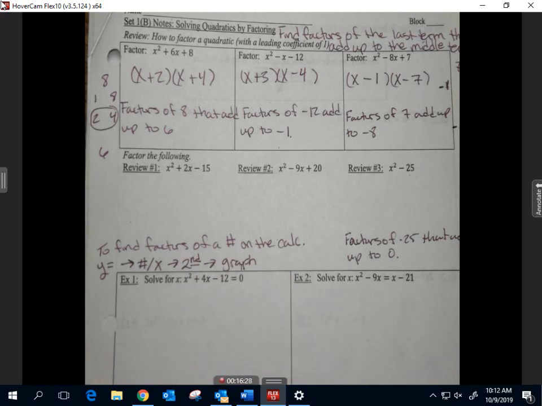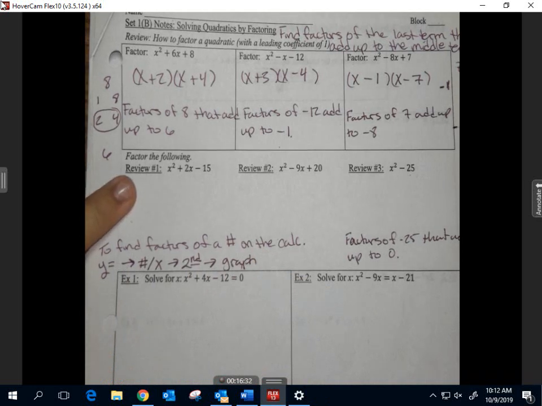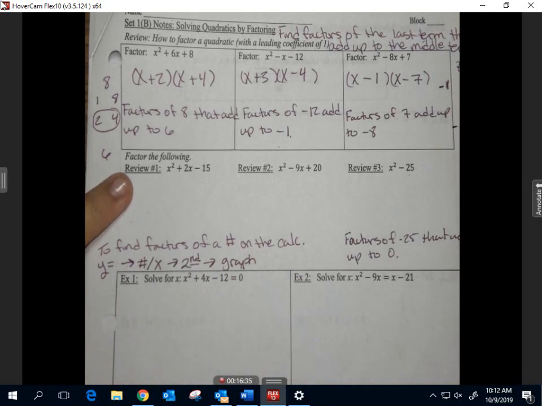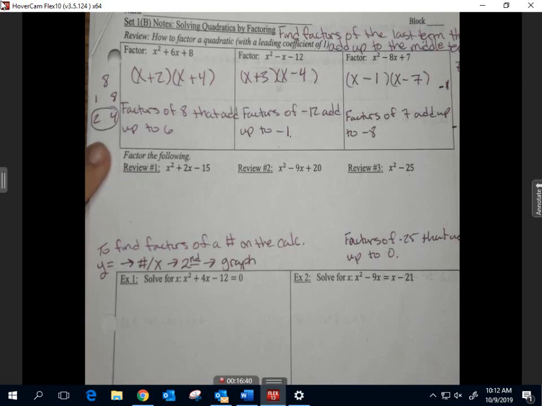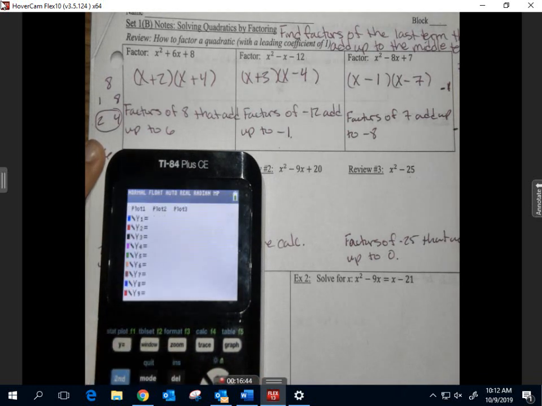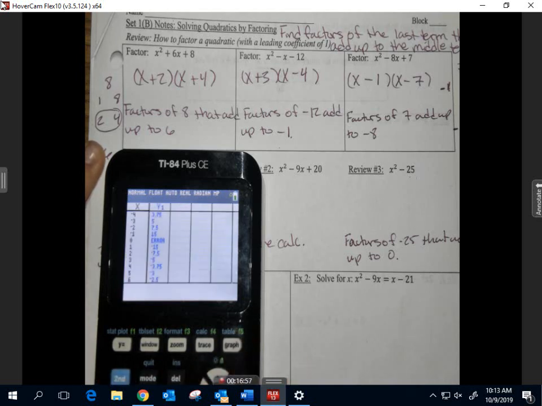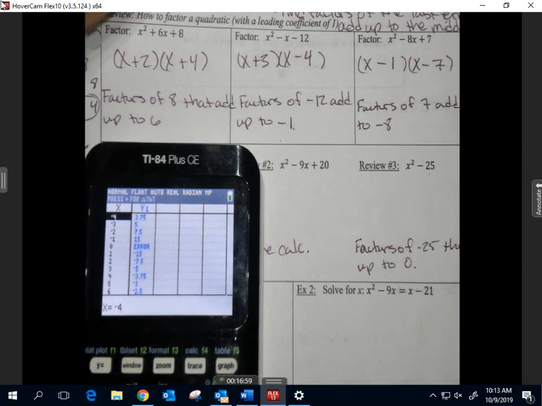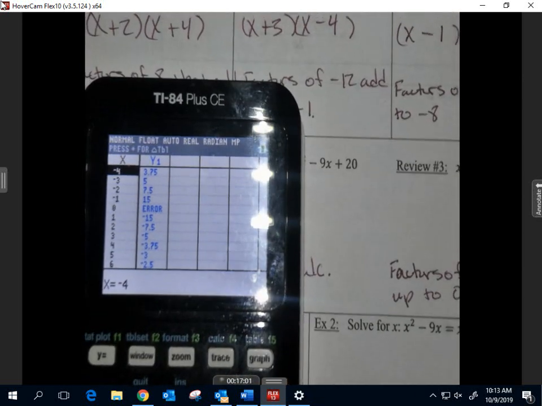So what does that look like? What factors are we trying to look up on review number 1? Factors of negative 15 that add up to 2. So on the calculator, I go to y equals, I type in negative 15 divided by x. Y'all see that? And then I hit second graph, and it gives me all the factors of negative 15.